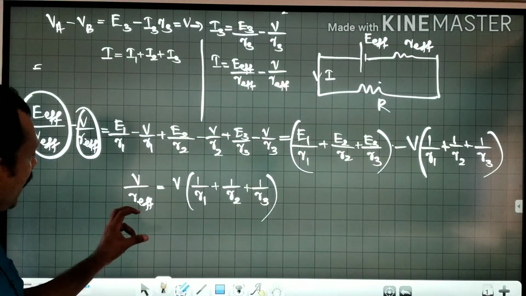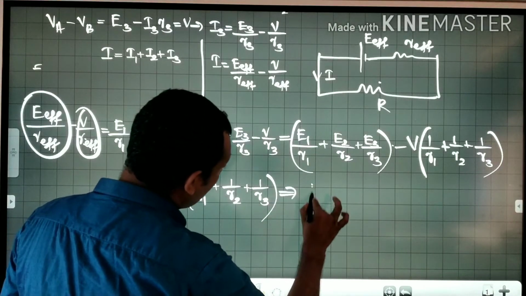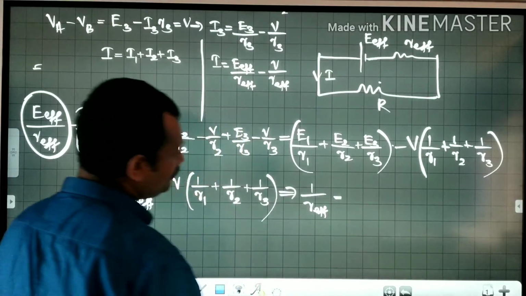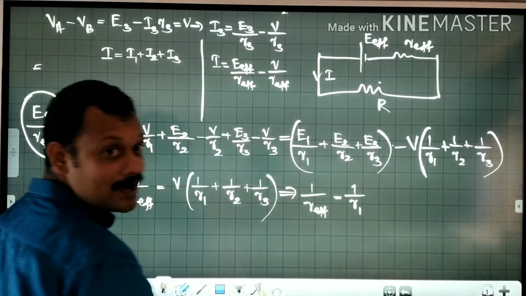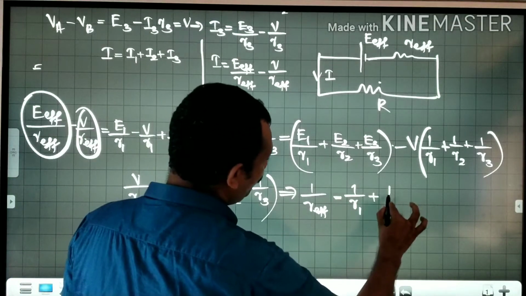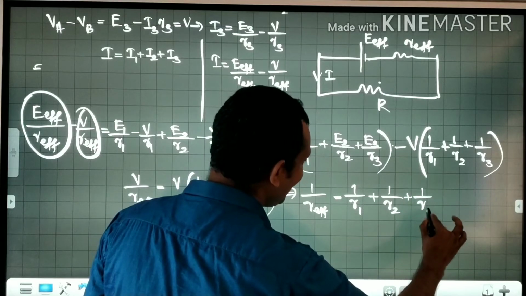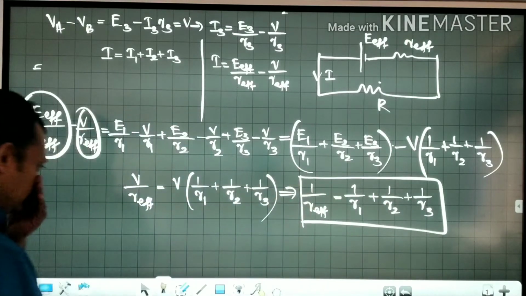Ready? So 1 by R effective is equal to 1 by R1 plus 1 by R2 plus 1 by R3. 1 by R effective is this term.